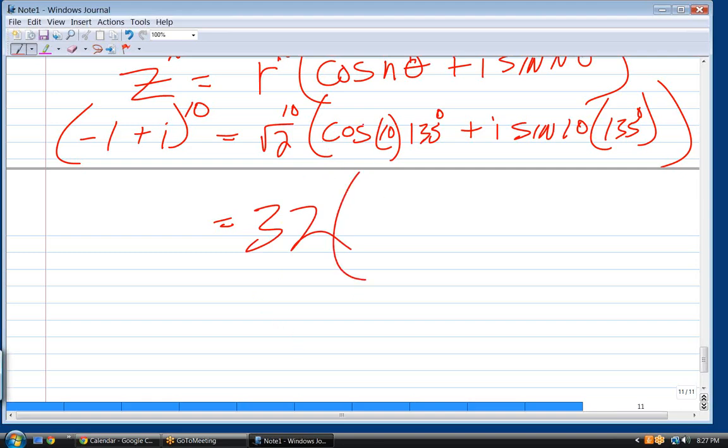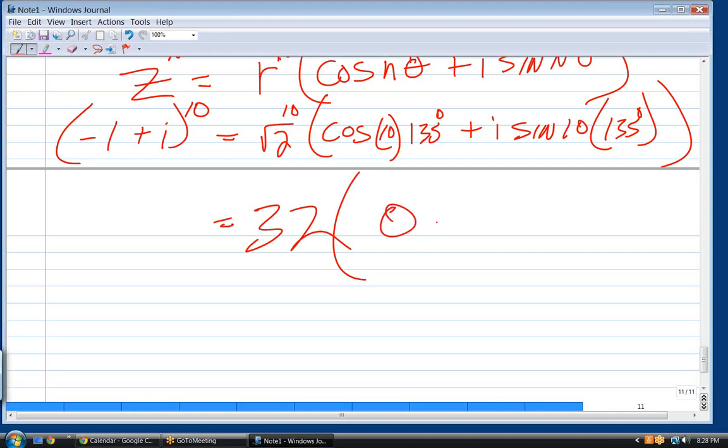Now, to do the rest of this, you're going to have to multiply 10 times 135, so you've got the cosine of 1350 degrees. What does your calculator say that is? 0.